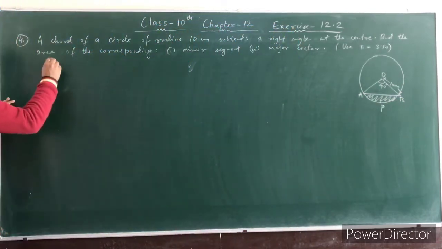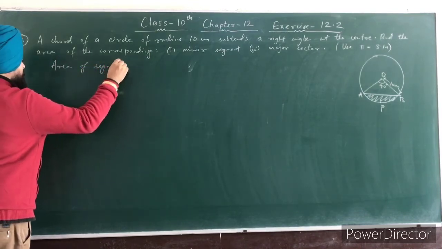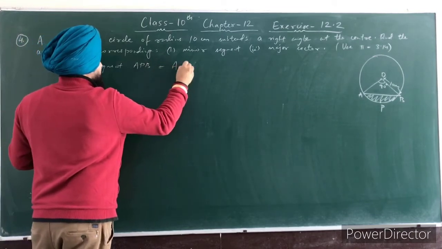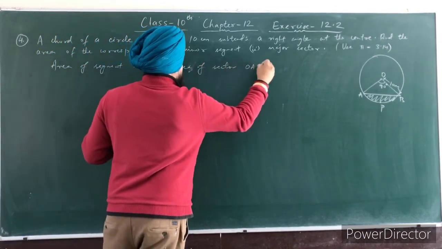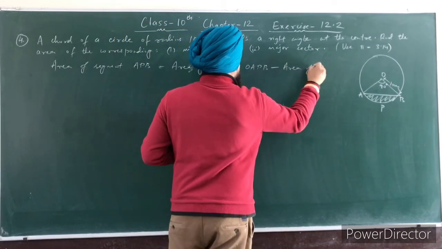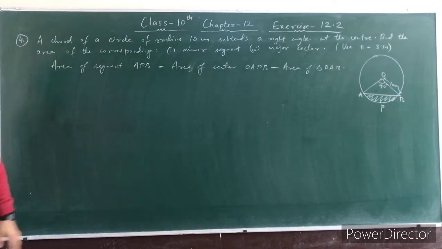So first write the formula. Area of segment APB is equal to area of sector OAPB minus area of triangle OAB. So first we will find the area of sector OAPB.